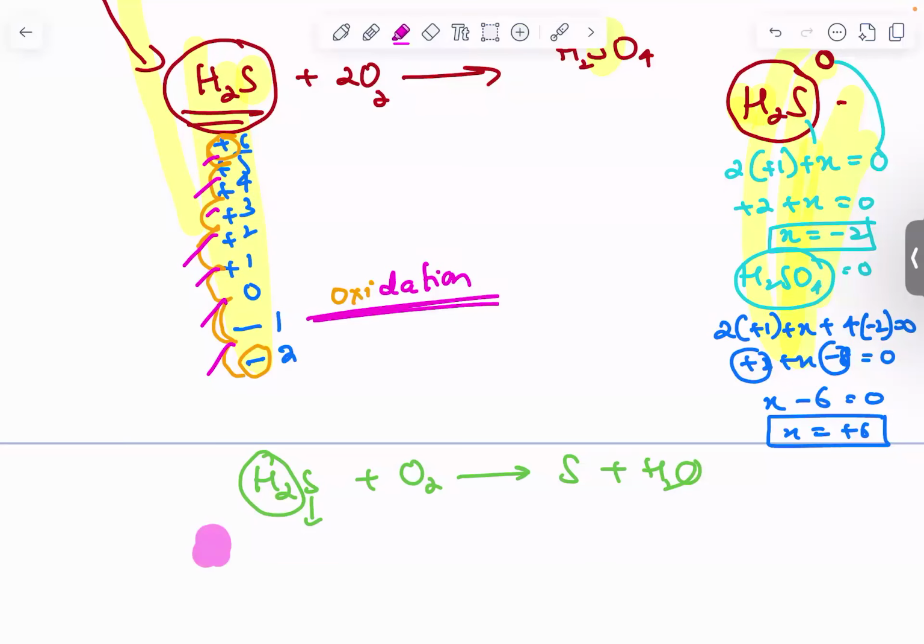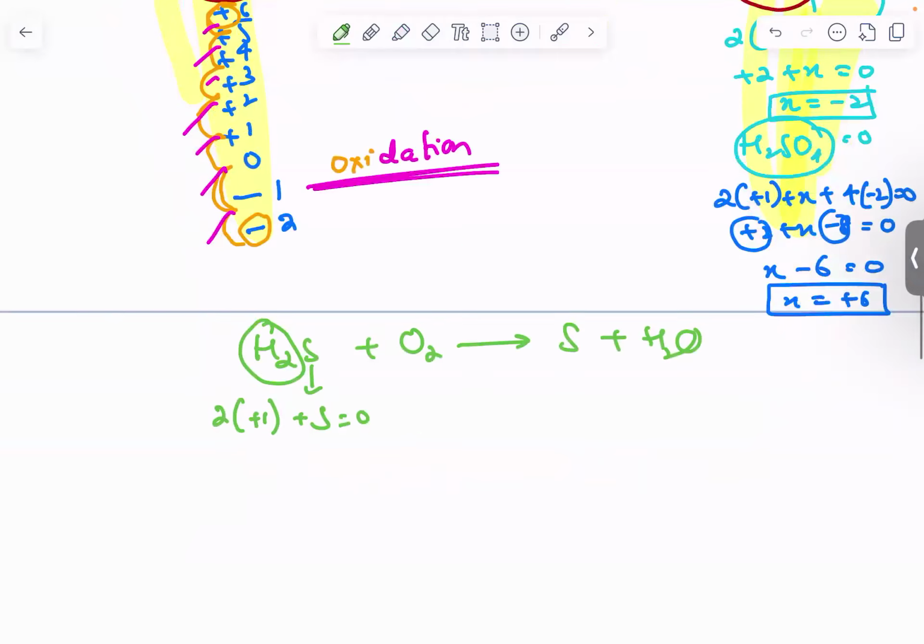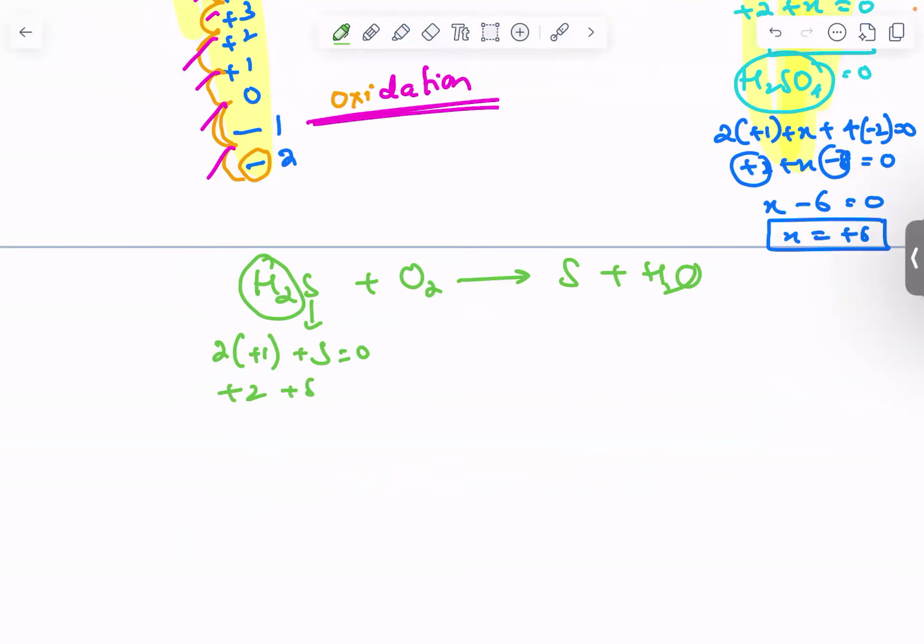There are two hydrogens, each plus one, and then S is equal to zero, so that means plus two plus S is equal to zero, and S would be minus two. So if I write plus two and minus two, yes or no?